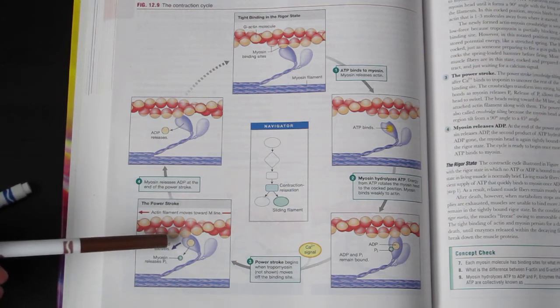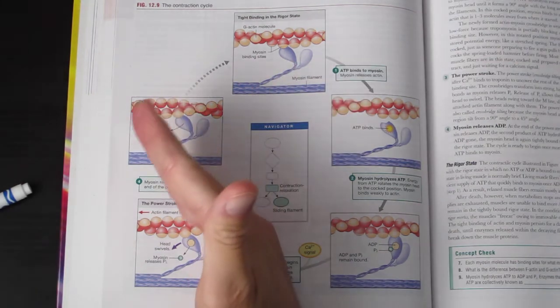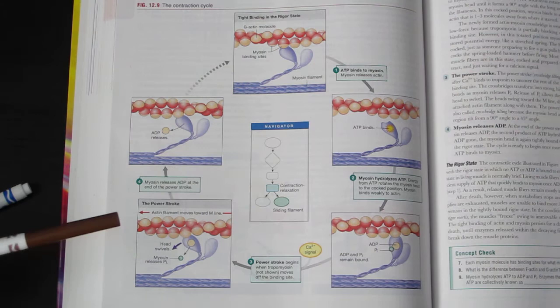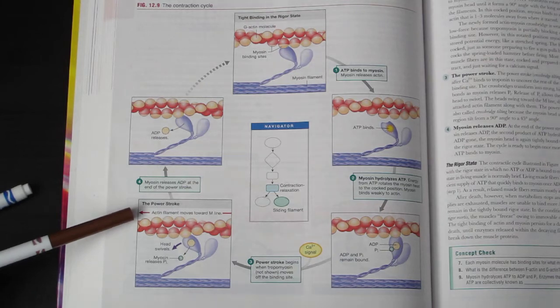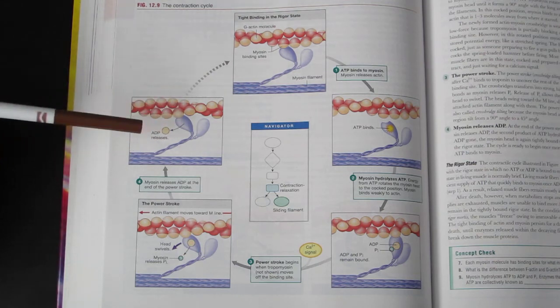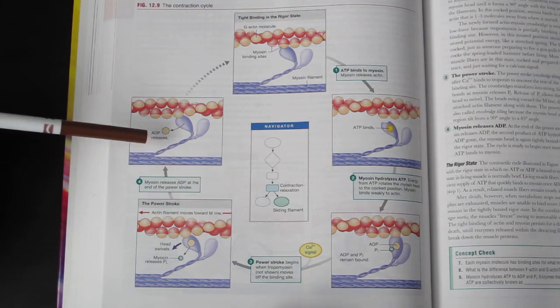When that happens, the myosin head swivels, okay? It literally does this. It moves. It literally swivels. And that is called the power stroke. And it moves the actin towards the M line of the sarcomere, all right? When the ADP releases, that marks the end of the power stroke, right?